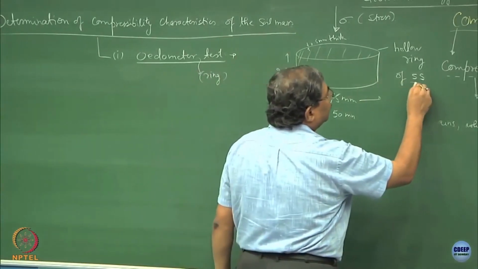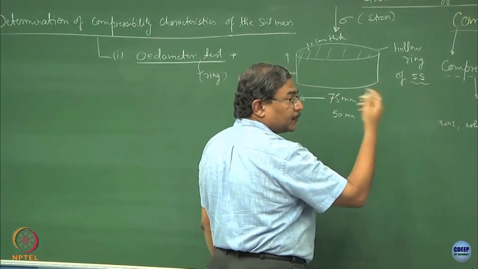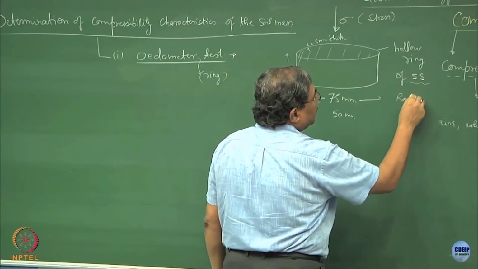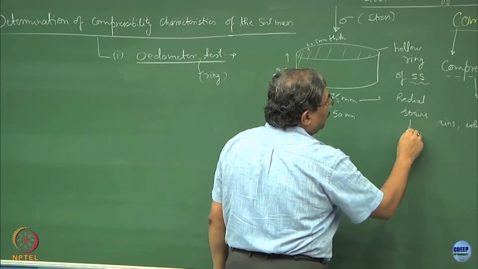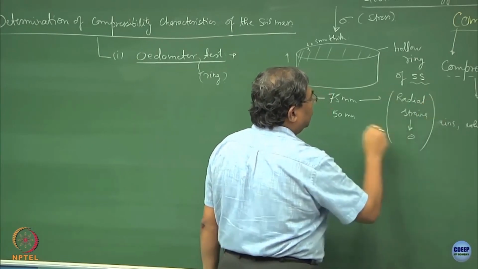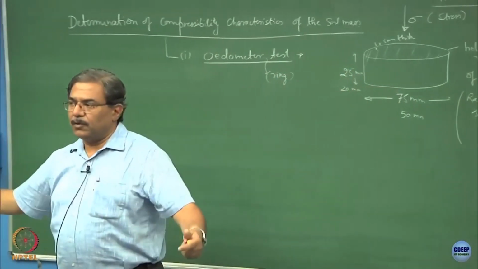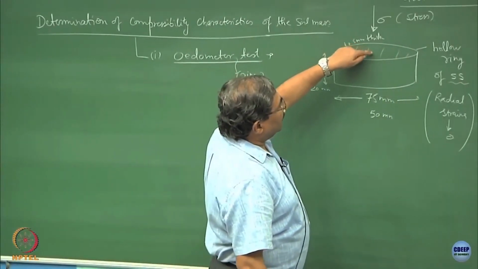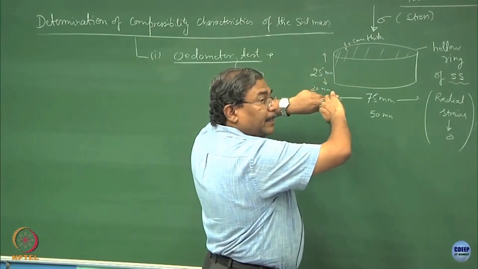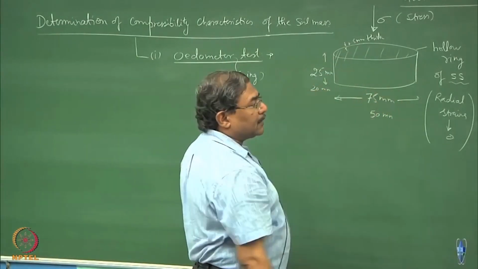Now, steel gives enough stiffness, and hence the radial strains in this sample tend to 0. That means there is no deformation of the steel ring. So, when you apply the load on the soil mass, there is no radial deformation taking place in the system.